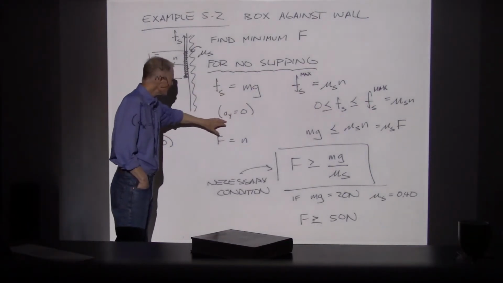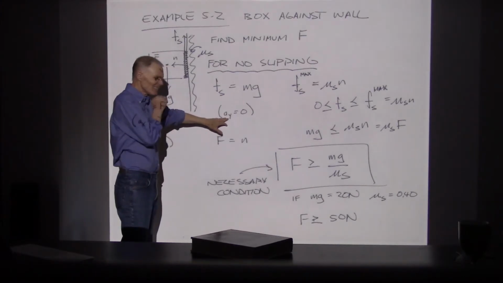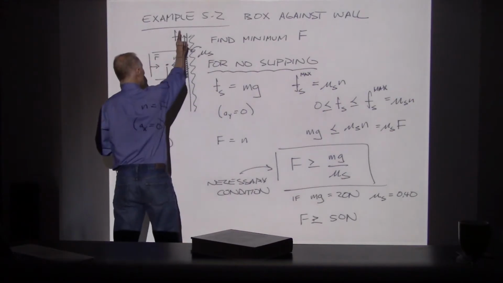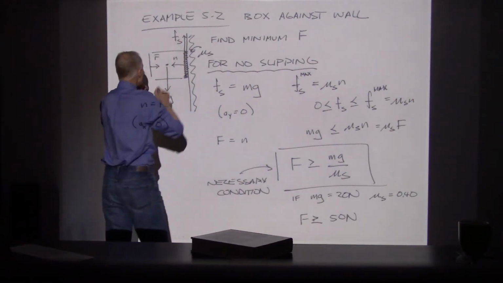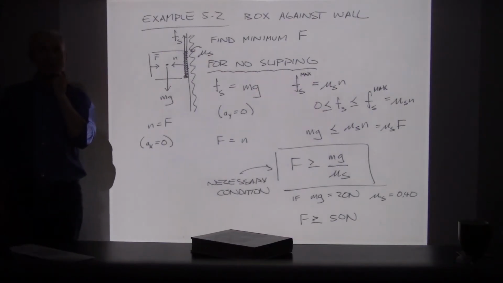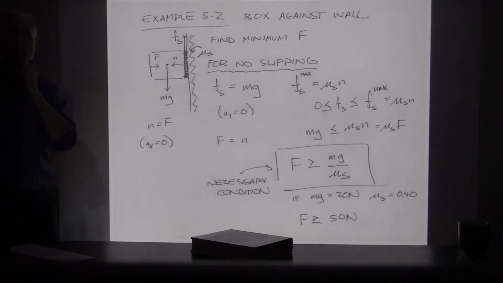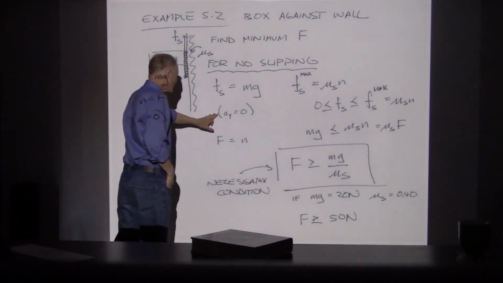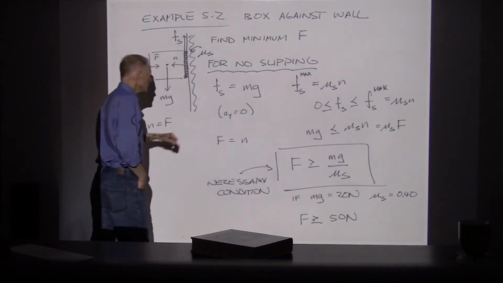The acceleration in the y is 0, and that says that the static frictional force would need to be as large as the gravitational force. It's got to be equal to, not bigger, not less, but equal to the gravitational force. That's what's going to maintain its position. And so that's what's going on in the y direction.